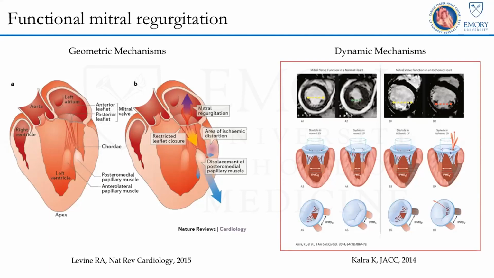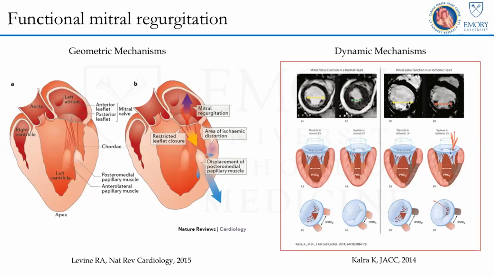This was established several decades ago and is cited in almost every talk on functional mitral regurgitation. However, there are dynamic mechanisms as well, where the dynamic motion of the ventricle and its interaction with the mitral valve has also been shown to play a significant role in the pathogenesis of FMR, despite the lack of some of the geometric mechanisms that have been traditionally established over time.